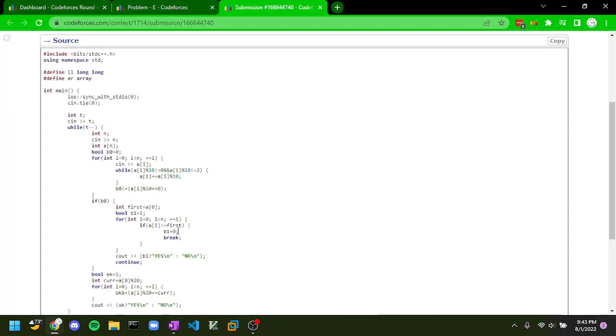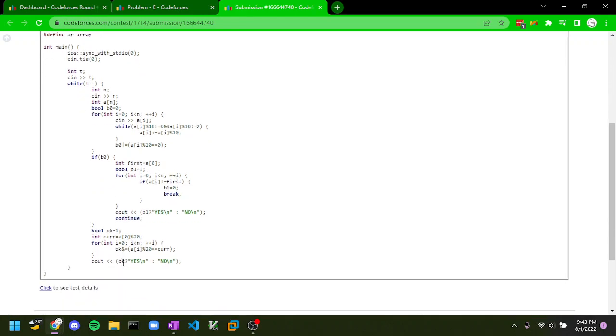And because there's an infinite loop, all elements in that array must be equal, or else the condition isn't satisfied. So we just check the elements in the array and check if they're all equal. If they aren't, then we output no, and otherwise we output yes and continue.